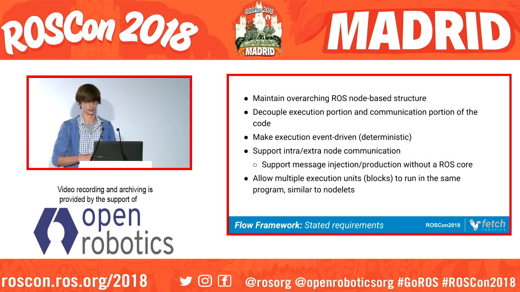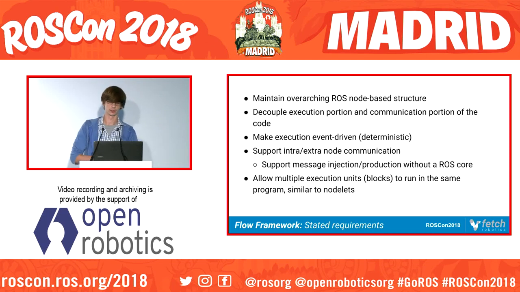There are a couple of other pieces that are not so related to the event-driven nature of the software, a couple of extra supporting features and glue that I'm going to talk about just to give a little bit of context. The idea with Flow is to maintain the ROS node-based structure, but mostly to decouple the execution portion of our code from the communication portion and the ROS transport layer, so we can change that out a little easier.